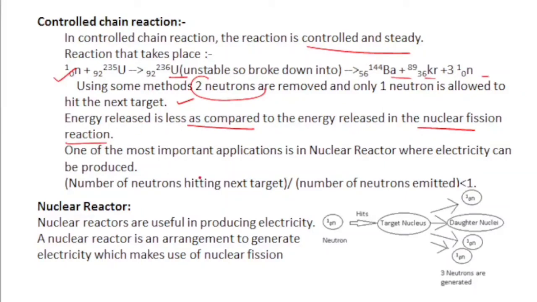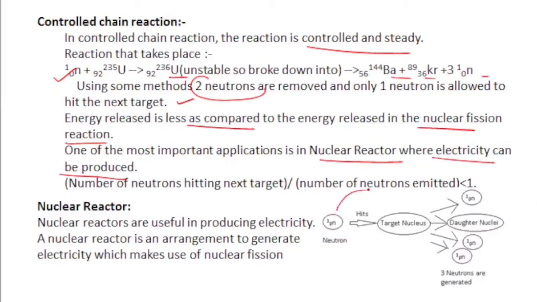Here one most important application is the nuclear reactor, where electricity can be produced. No need to discuss in detail, you only must know the nuclear reactor works based on controlled chain reaction, and this is used to produce electricity. Here the number of neutrons striking the next target by the number of neutrons emitted is less than or equal to 1. So this is the nuclear reactor.